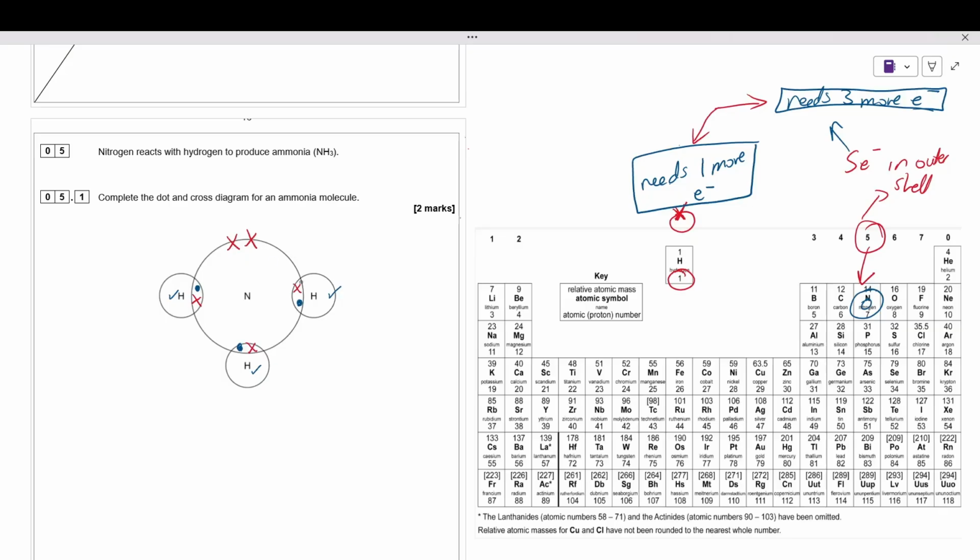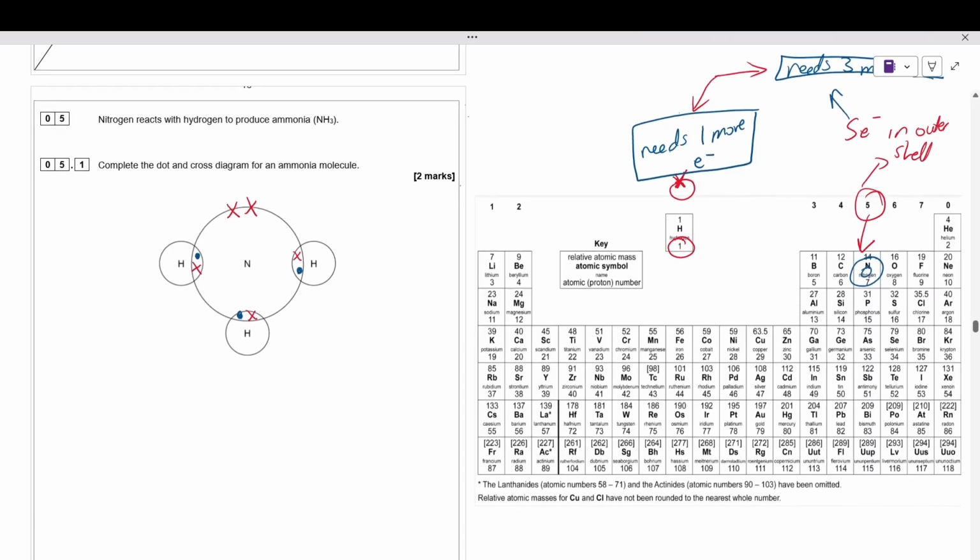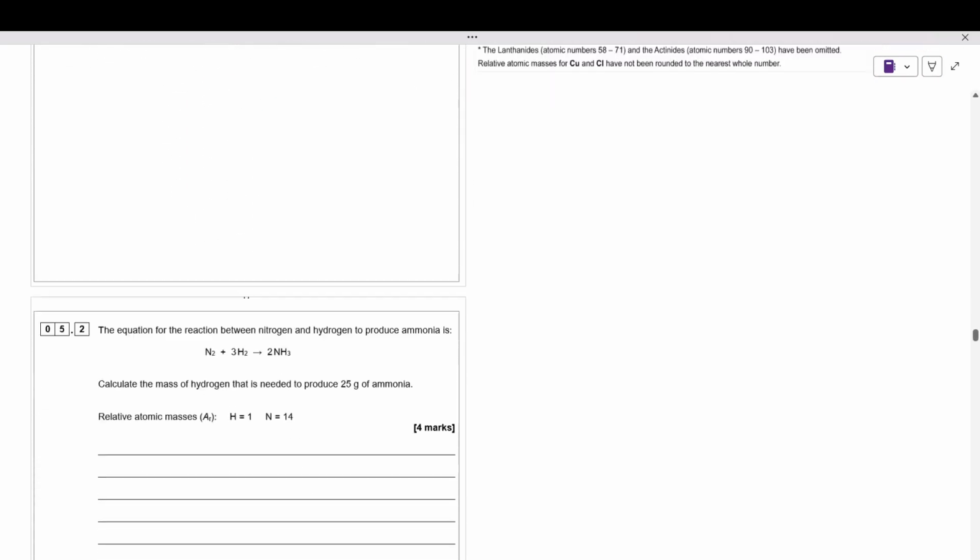That's 1, 2, 3, 4, 5, 6, 7, 8. So now nitrogen is all done as well. And this is the structure for the bonding between nitrogen and hydrogen to form ammonia. Hope that helped you to figure out how to do this. Use your periodic table. It really works when you're actually doing something like this.